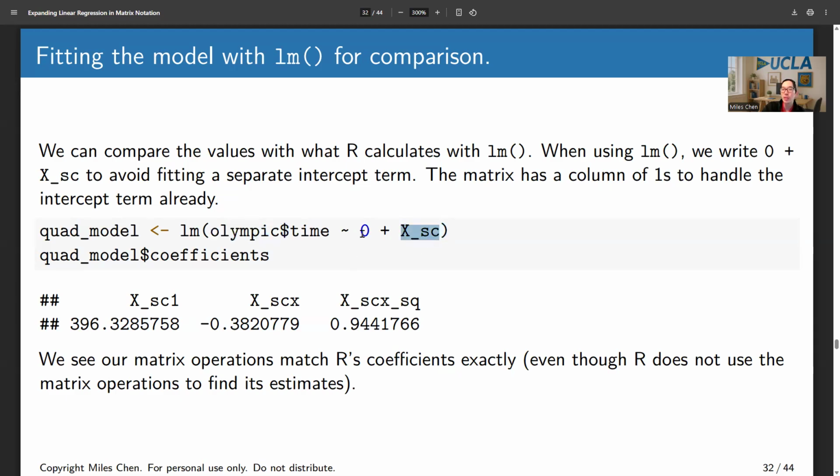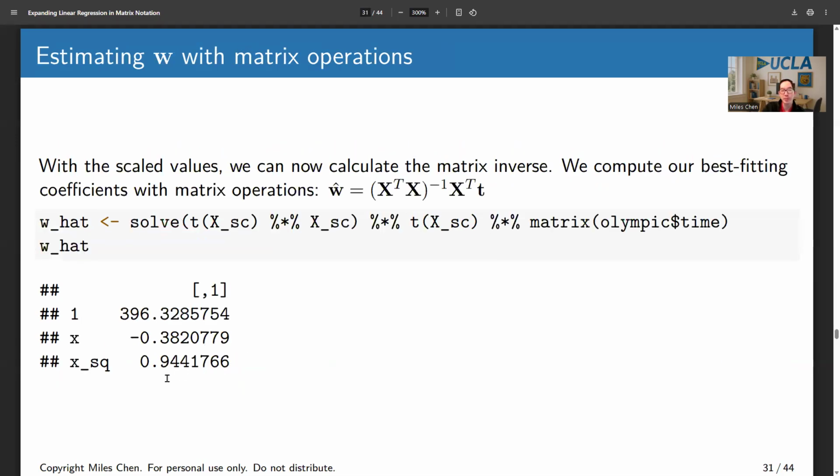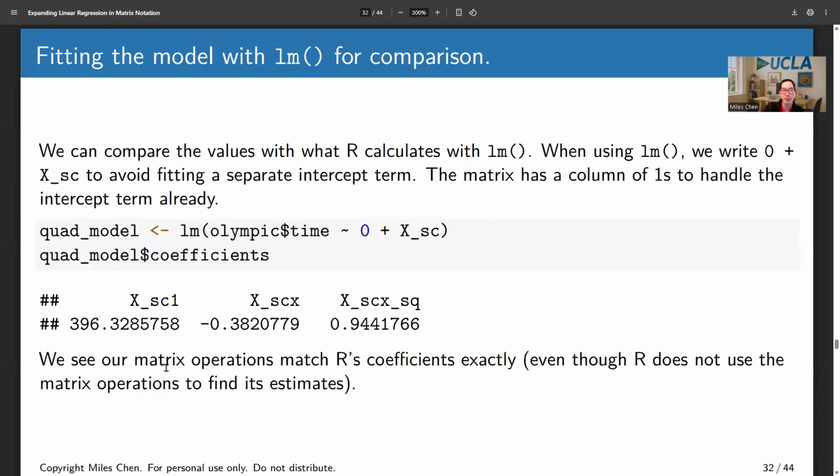By default, it would want to add an intercept term, but because we have an intercept term already, that column of ones, we put in 0 plus. We say predict 0 plus, and this just means don't add an intercept term. Okay, and we get the same numbers, right? 396.328, negative 0.382, 0.944, 396.328, negative 0.382, and 0.944. Okay, so that's a good sign.